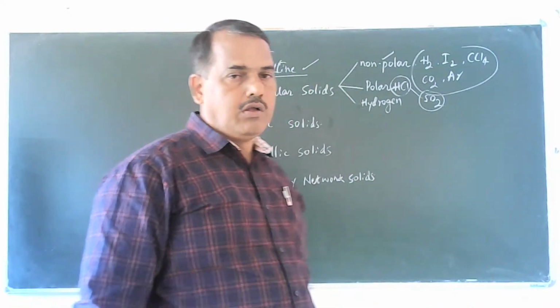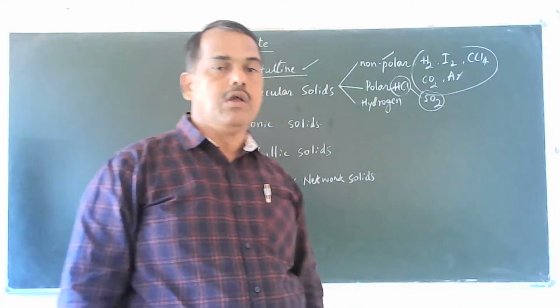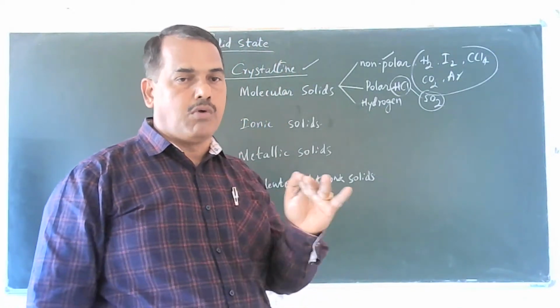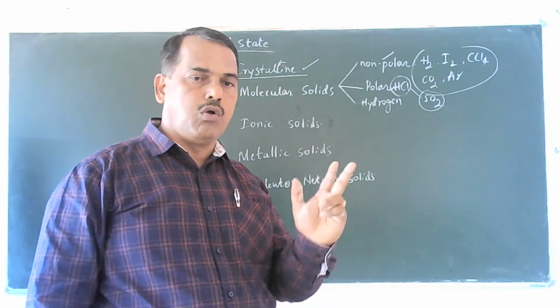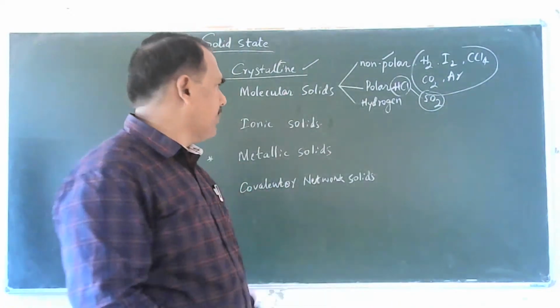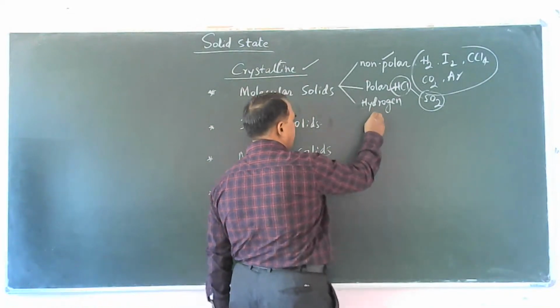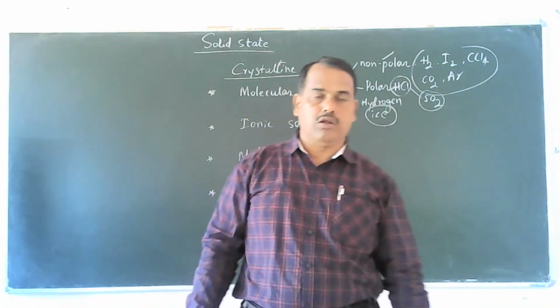The next, hydrogen bonded molecular solid. If hydrogen forms bonds with more electronegative elements like fluorine, chlorine, and oxygen. The best example is ice, which is a molecular solid.